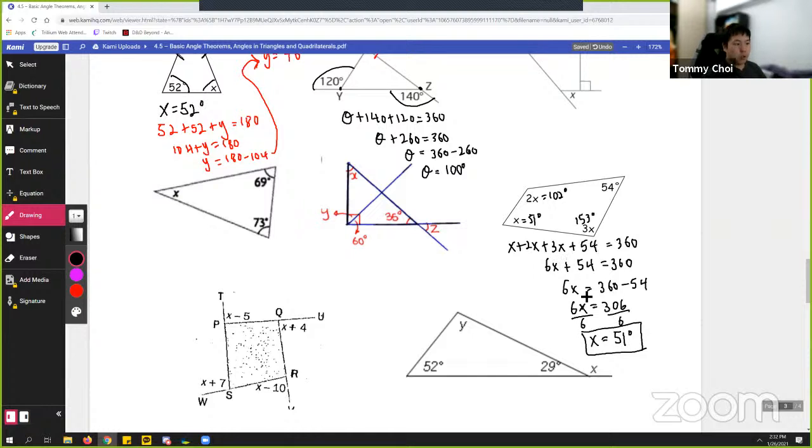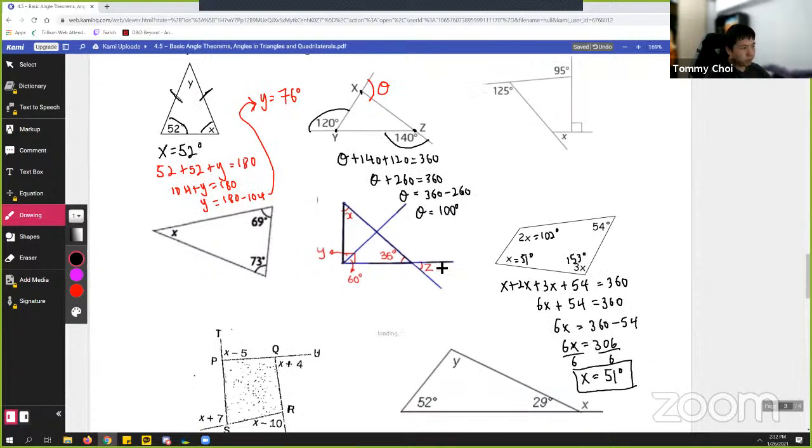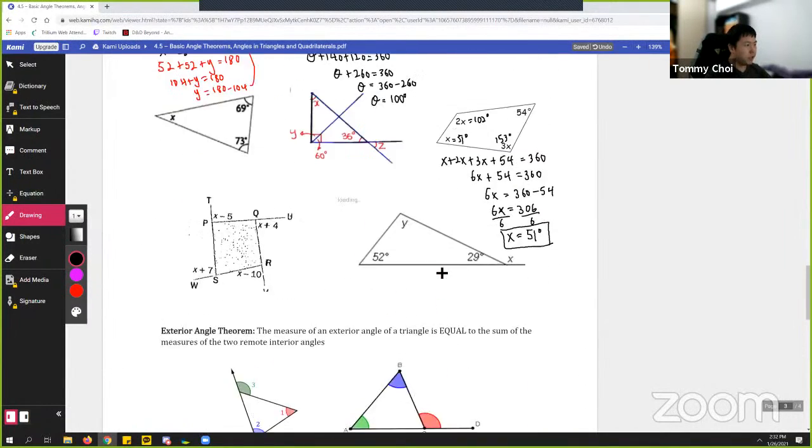Notice how I'm solving for x first, then I can find all the other angles that are part of the quadrilateral. There are 5 questions left on this page.